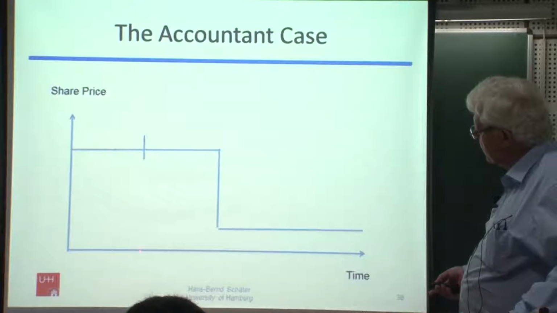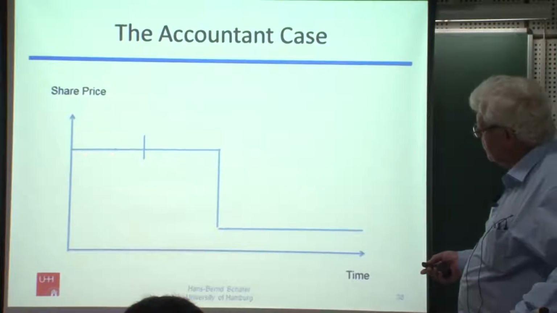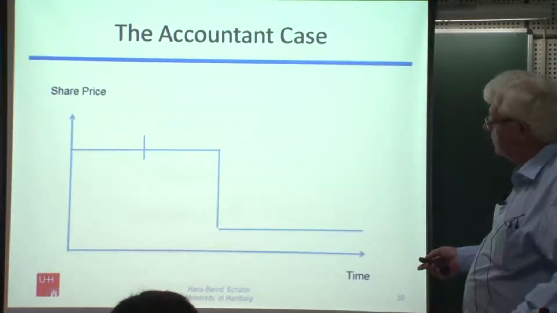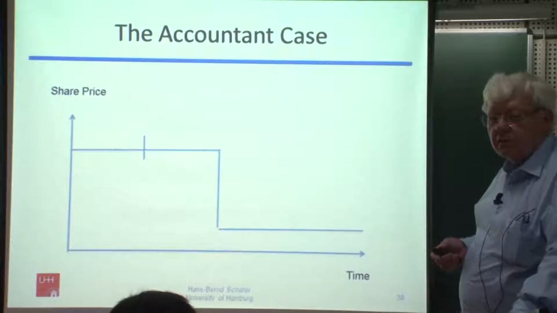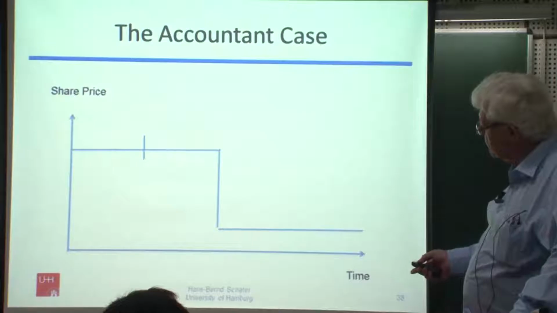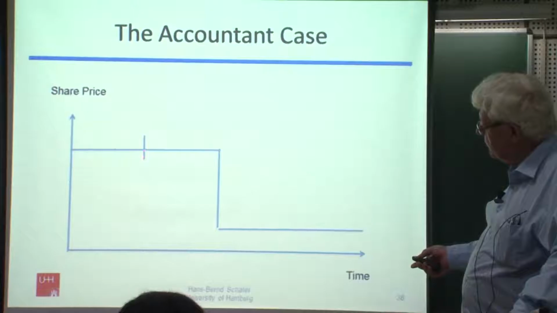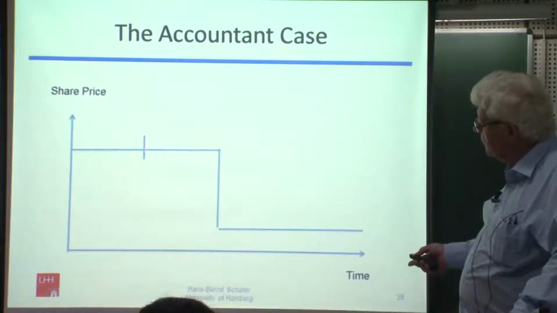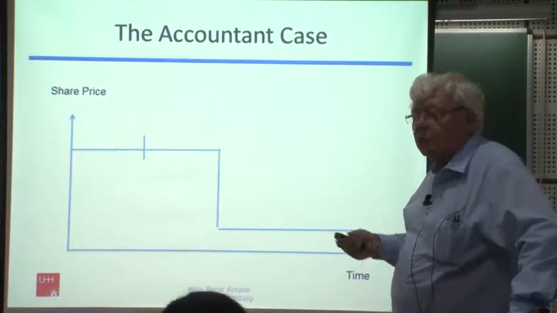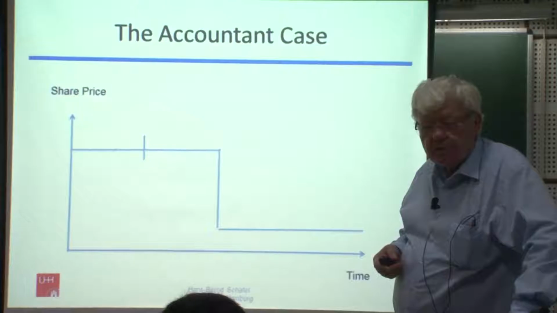Therefore, what you can say at first is that all those shareholders who bought the shares before this point of time and held them for the long run made no losses. Because without the negligence of the bookkeeper, they would have made the loss at this point of time. Now they made the loss a little later. Right. So the total loss is exactly the same and they made no loss at all. Would you agree with that?